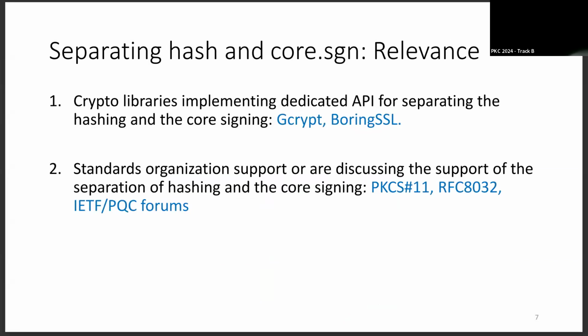We went to different crypto libraries, and we saw that many of them implement a dedicated API for separating the hash and the core signing. One of them is gcrypt, the other is BoringSSL, which has a core signing algorithm for ECDSA that takes only fixed length messages. So basically the hashing is done by someone else and you just plug this inside of the signing algorithm.